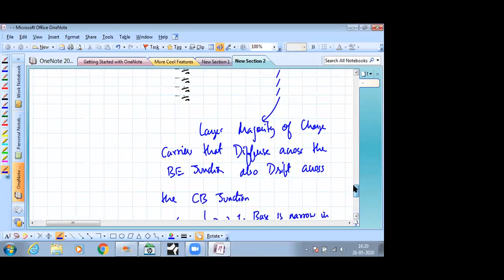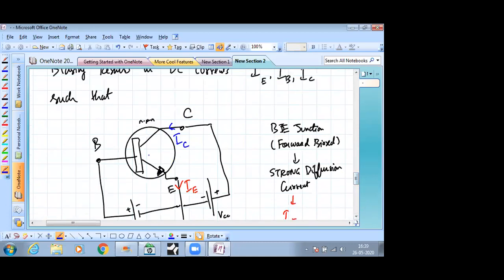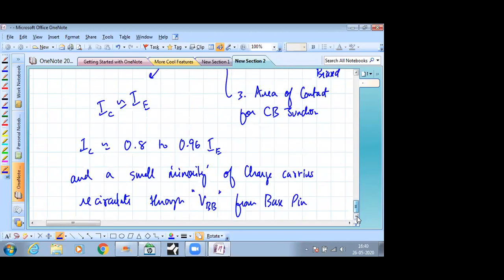In the above diagram, out of every 1,000 electrons which are diffusing into the base, maybe 990 or so are going into the collector. They are drifting into the collector, contributing to the collector current IC. But a few of them, the very small percentage that don't manage to drift across the collector base junction, what happens to them? They get recirculated through this. Electrons going in this direction means conventional current is in the opposite direction, and that is your base current.